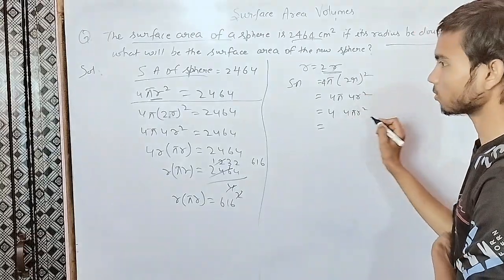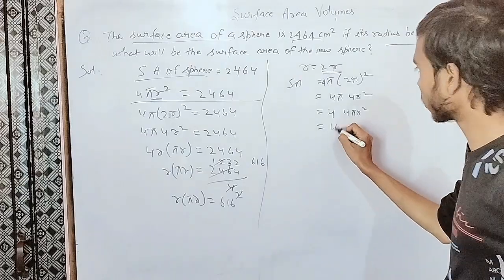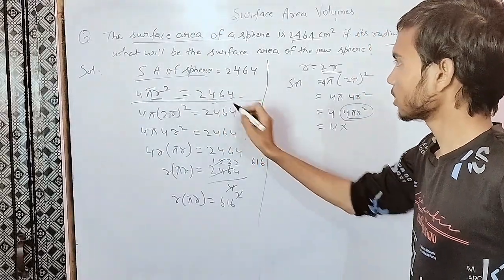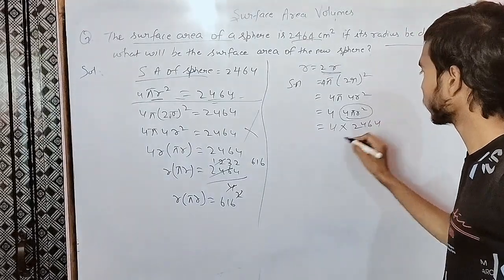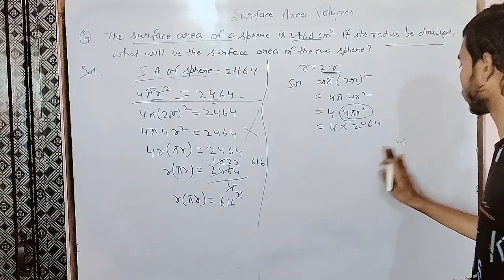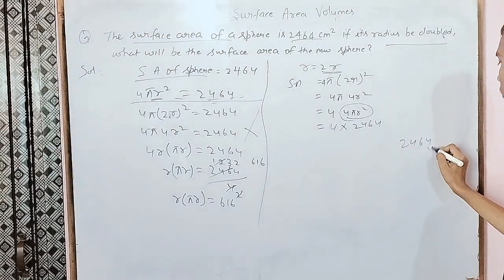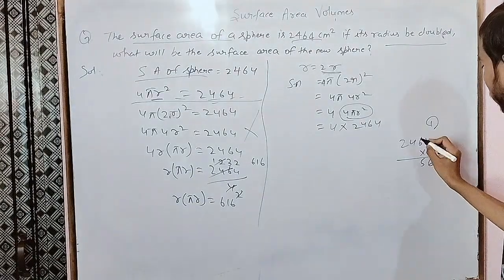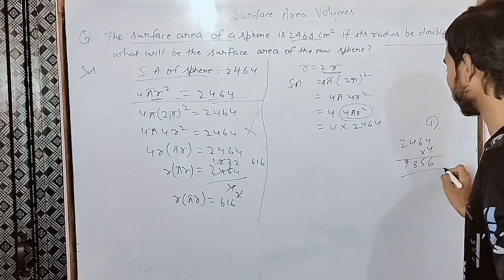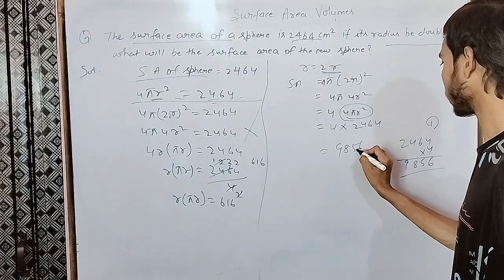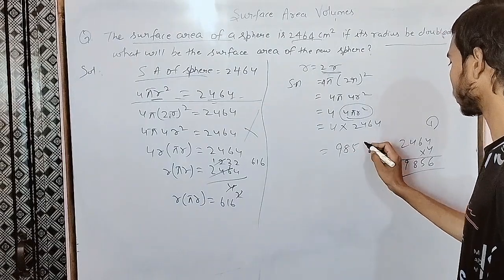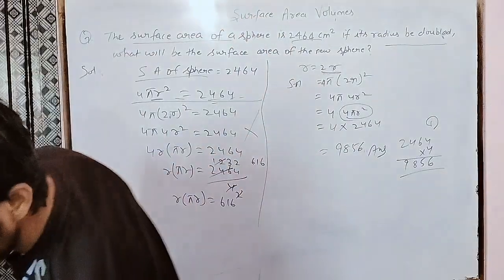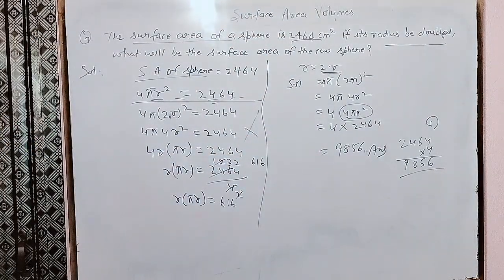Now we have taken 4 as common. The value of this is 616, we will put it and then multiply. So 2464 multiplied by 4, 4 fours are 16, and so on, it will be 9856. This would be the final answer.